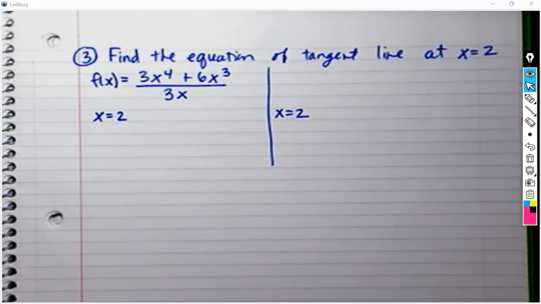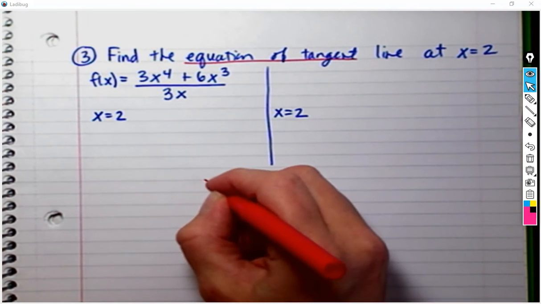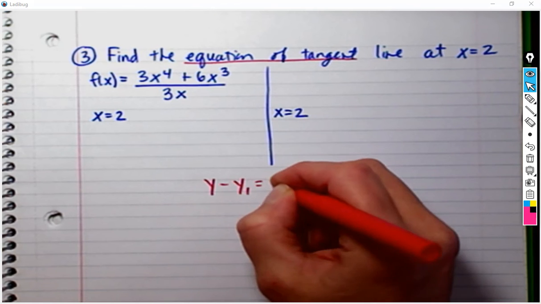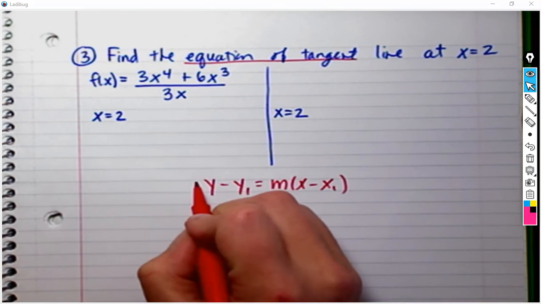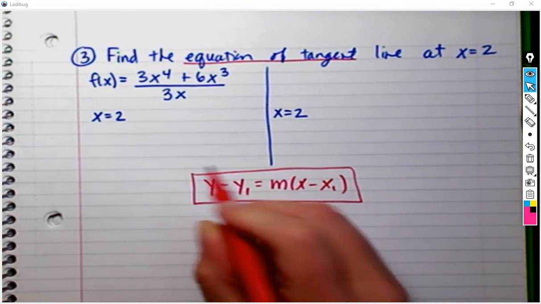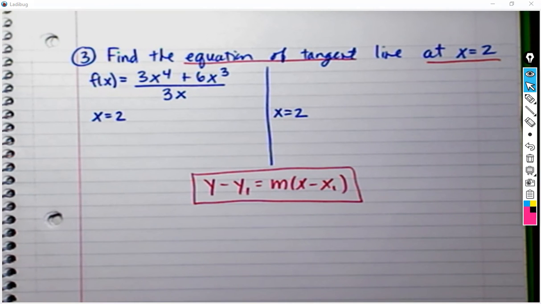I know that I want the equation of the tangent line, so that's y minus y1 equals slope times x minus x1. That's what I need to find. That's the answer. And I know that I have x equals 2. You have to fill in the rest of the information.